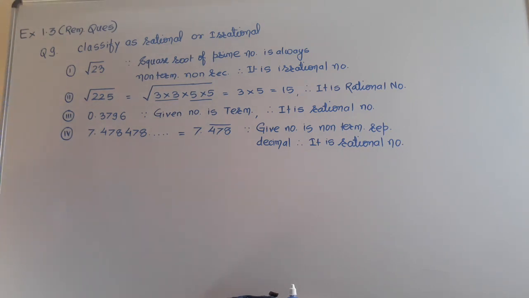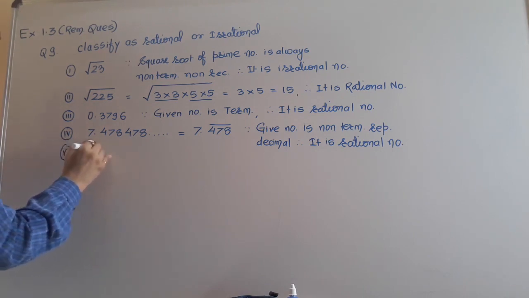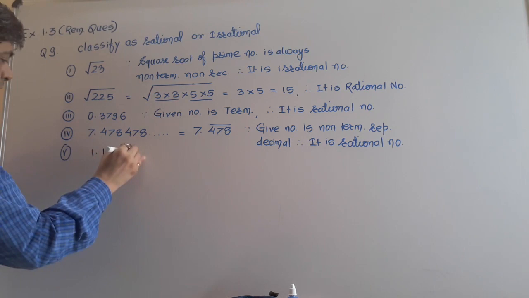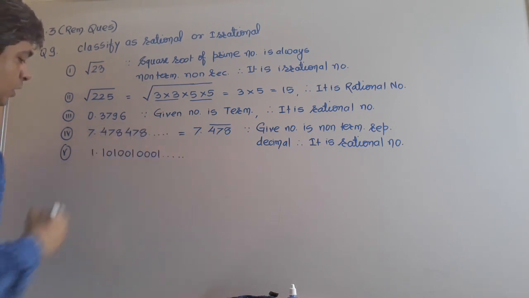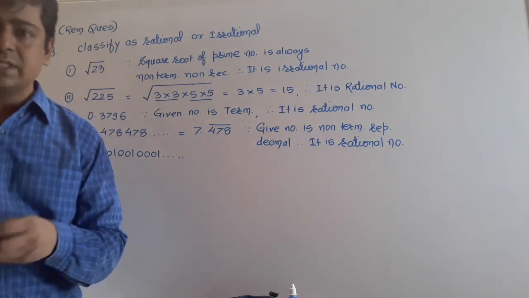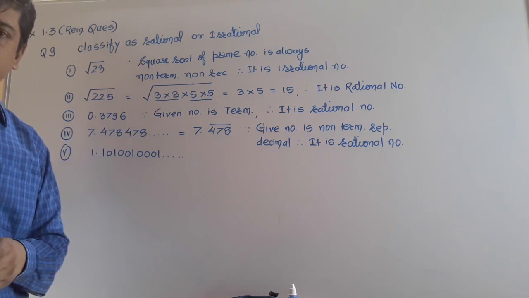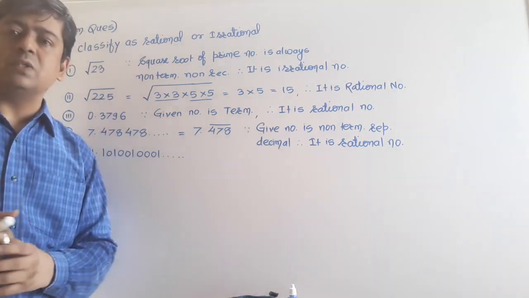In part number 5, we have been given 1.1, then 01, 001, 0001 and so on. Okay, so in this one, see what we have been given. First of all, you observe the pattern, but the pattern is changing, it is not uniform.